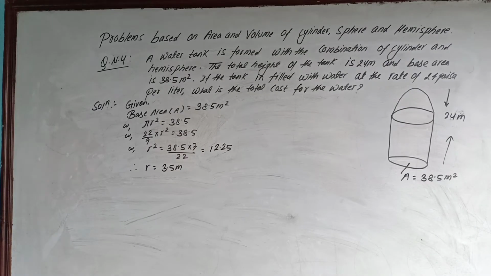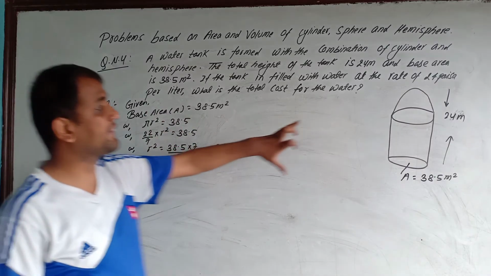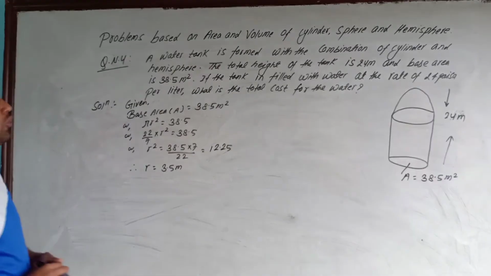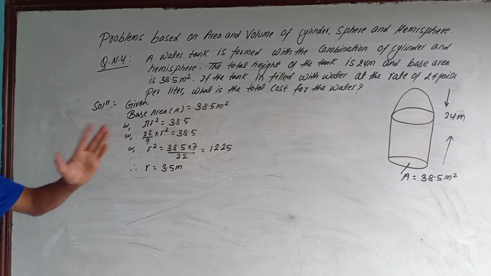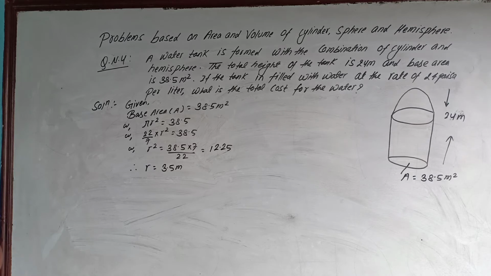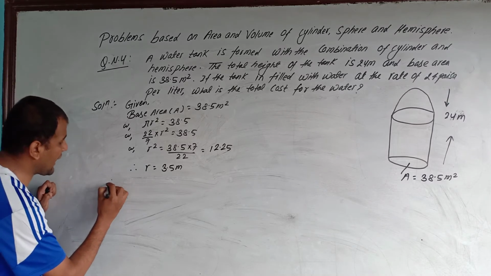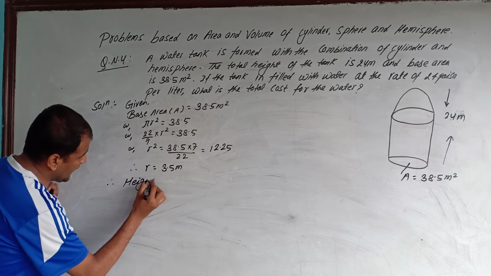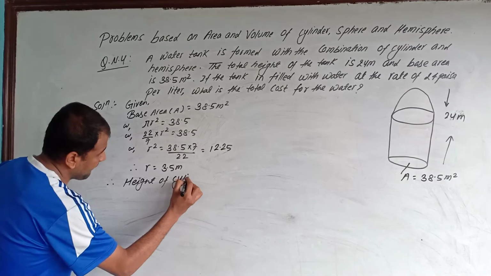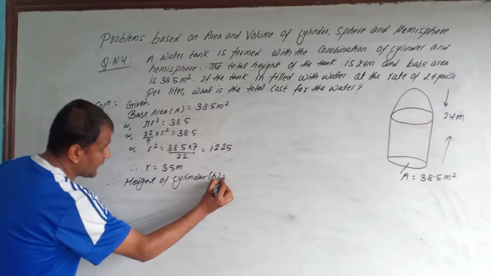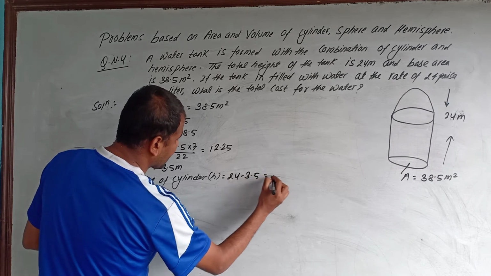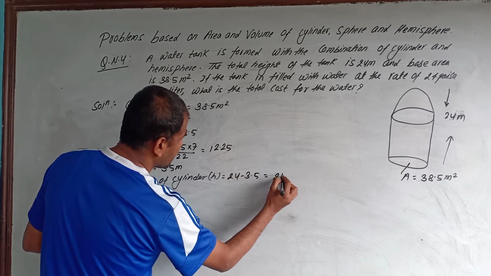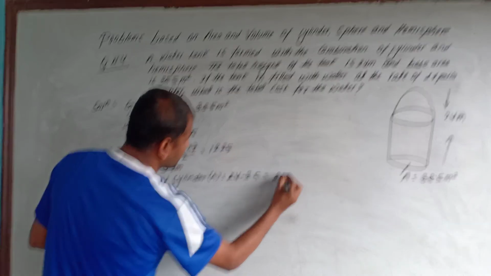So, we find the volume of this tank at first. After finding the volume, only then we find the total cost of the water. To find the volume, first we should find the volume of the cylinder and the volume of the hemisphere. Therefore, height of cylinder h is equal to 24 minus 3.5. That is equal to 20.5.